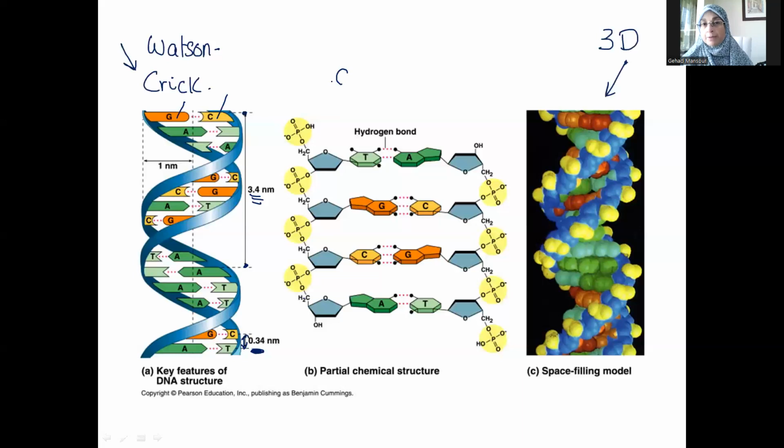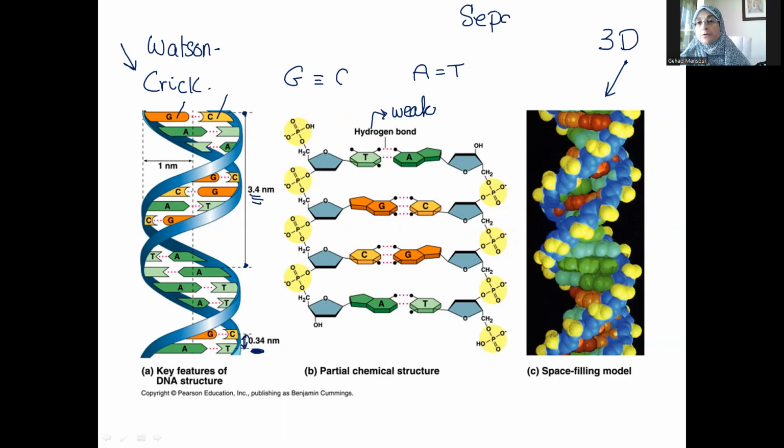Of course, you all know that between cytosine and guanine, we have 3 hydrogen bonds. Between adenine and thymine, we have 2 hydrogen bonds. And as you know, the hydrogen bonds are weak in order to facilitate replication, because at the beginning of replication, the 2 strands should be apart. Why? In order to expose the nitrogenous bases. As long as the nitrogenous bases are bonded to each other, they are not exposed, and if they are not exposed, they cannot be read by the enzymes of replication.